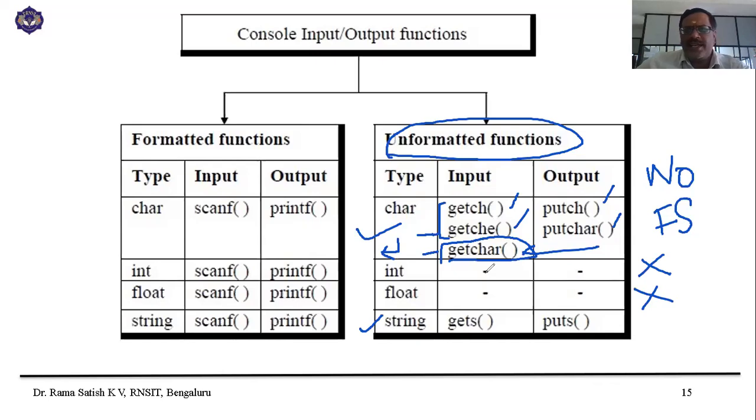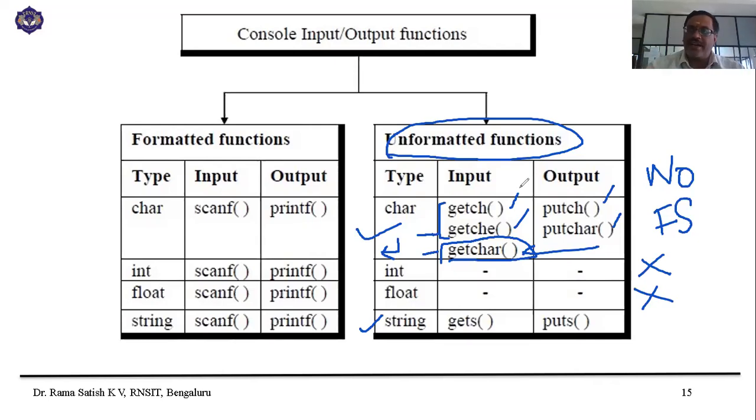Next, what about getche and getch? Very simple. They will never store in the buffer. As you type A, it will directly go and store in CPU memory. You need not press the enter key after giving the input. Directly it goes and stores.